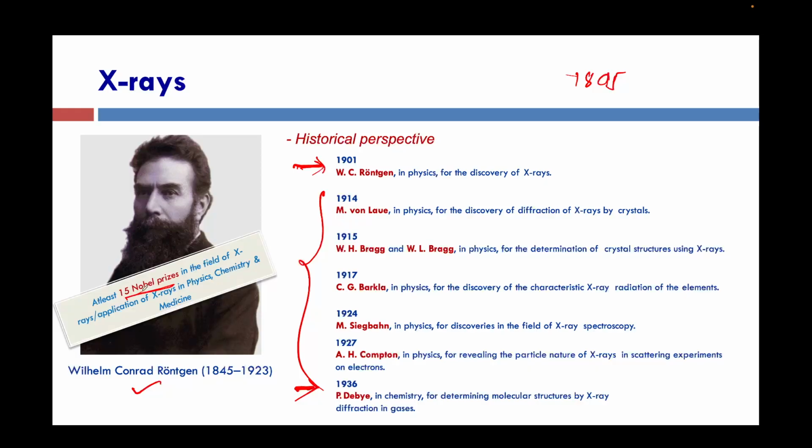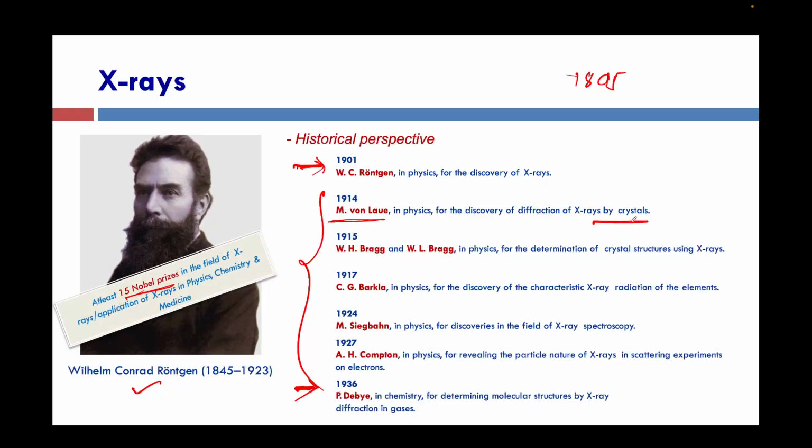Some of the notable developments, expressions, laws or equations were given by these scientists, which I have mentioned here. One of the most important scientists is Max von Laue. He was a physicist, and in 1914 he discovered how the diffraction of X-ray can be influenced by crystal orientation.